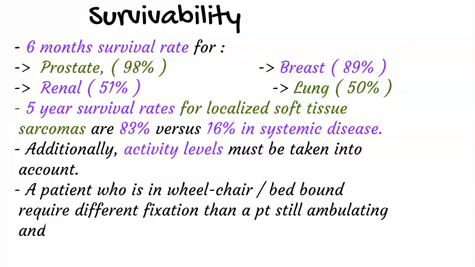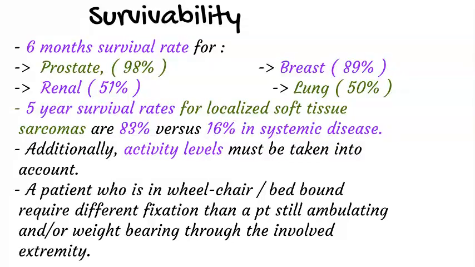Additionally, activity levels must be taken into account. A patient who is in a wheelchair or bedbound requires different fixation than a patient still ambulating and/or weight-bearing through the involved extremity.